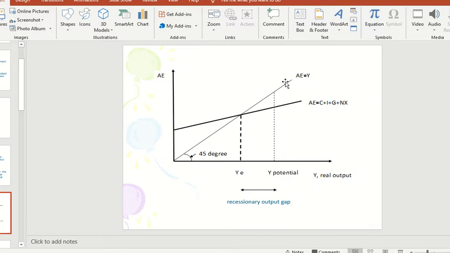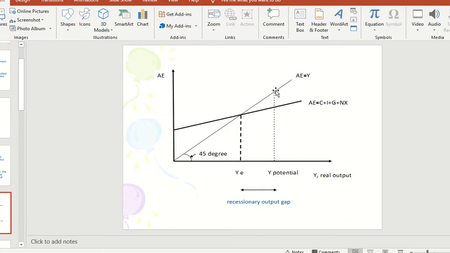The 45-degree line through the origin has a mathematical significance. Any point that lies on this 45-degree line will give us the condition at which the vertical variable is equal to the horizontal variable.